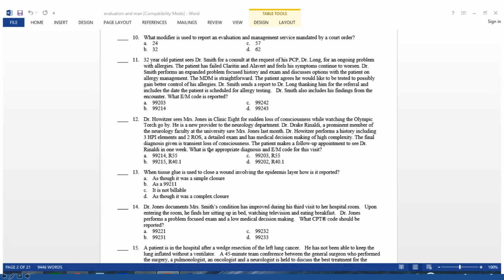Okay, let's look at some of them. You've got to have your books in front of you. All right, so number 10. Once I say mandated, you're like, okay, I'm done with number 10. I'm going to need you guys to make sure you're participating in the chat box. This is the only way that I could know.